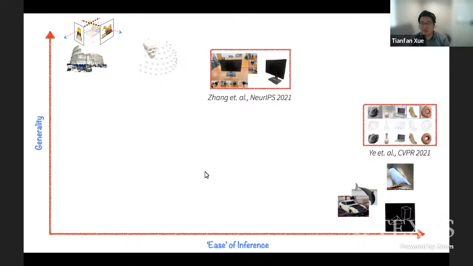Even from an industry point of view, that's probably the most feasible solution, because we really want to nail down those long tail categories, not only focus on a few categories. This is the only possible solution.